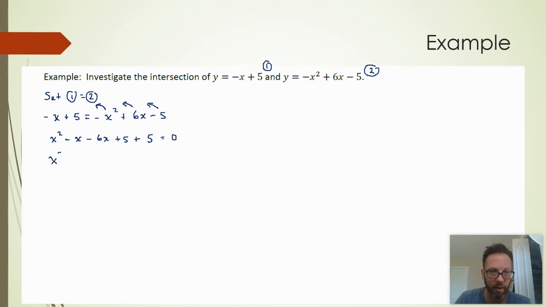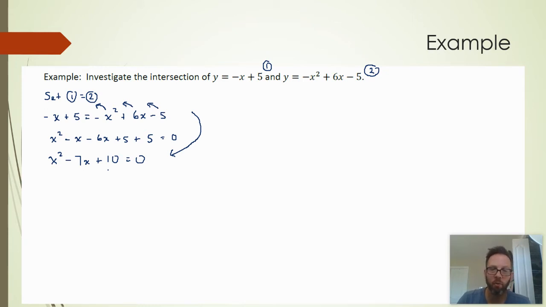Collecting like terms, we get x squared minus 7x plus 10 is equal to 0. All right, so maybe you could have gone right to that step in one step, so that's fine. If you needed to show some extra work, just show it however you're used to showing it.